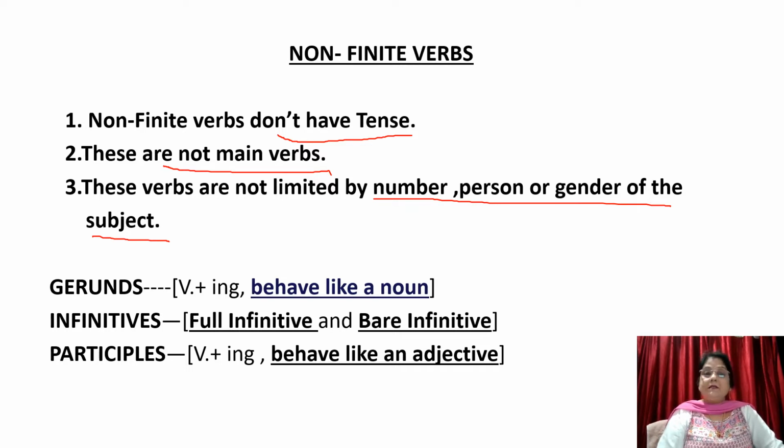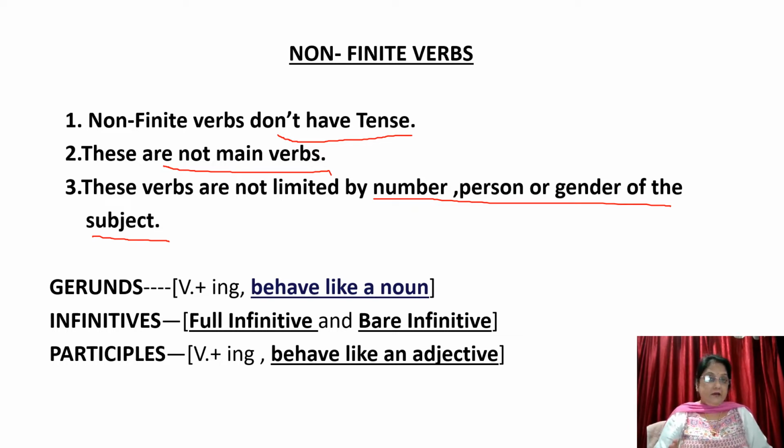Now we have also learned that there are three types of non-finite verbs: gerunds, infinitives, and participles. Gerunds are formed by adding ing to the verb, and here it behaves like a noun.